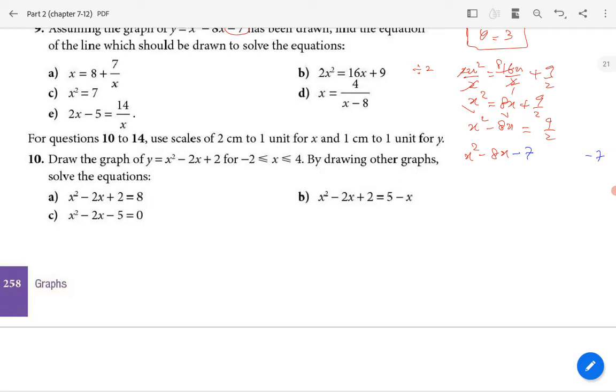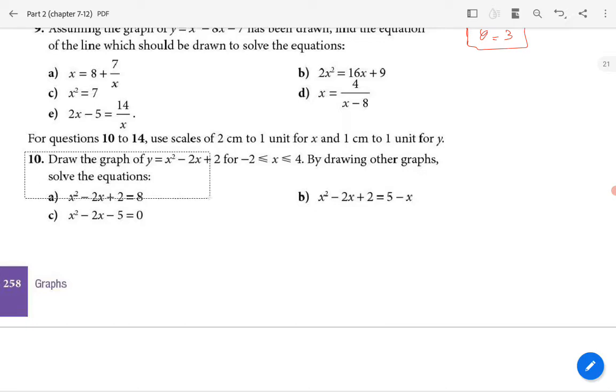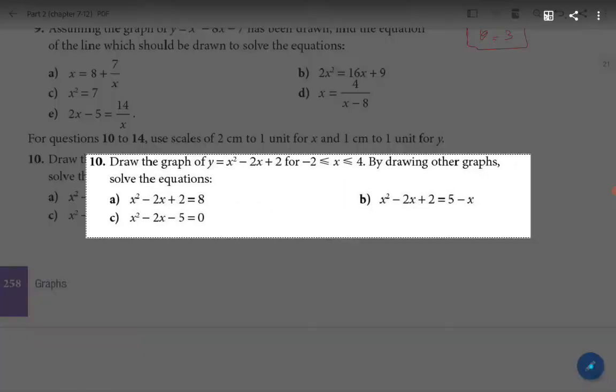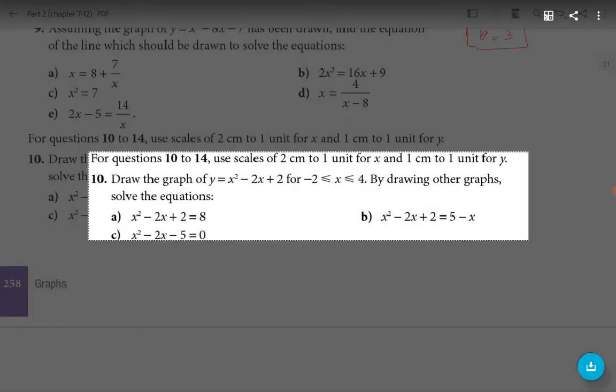First of all, I should pick up a snap from here. For question number 10 to question number 14, the condition is given: along the x-axis 2 centimeters equals 1 unit, and along the y-axis 1 centimeter equals 1 unit.